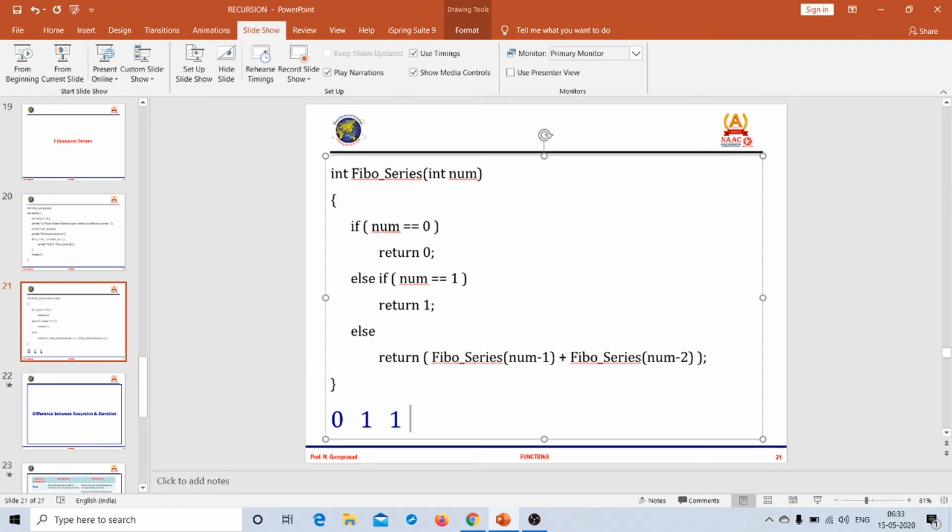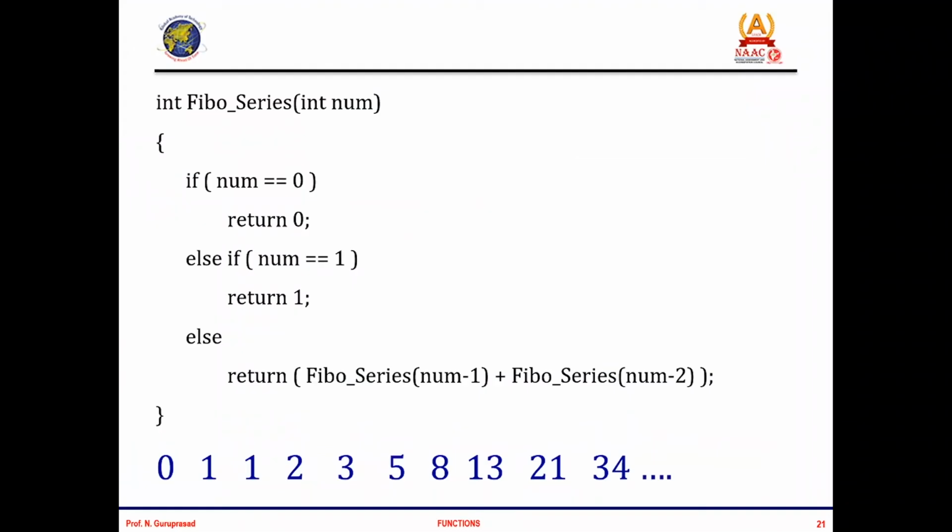So 1 plus 1 is 2. The next is the addition of these two, so that is 3. Next is the addition of these two, that is 5. Then I'll have 8, then 13, then 21, then 34, and keep on like this, right? So this is what we mean by the Fibonacci series. You can try to understand this particular code and then try to code it and see how this particular program works.